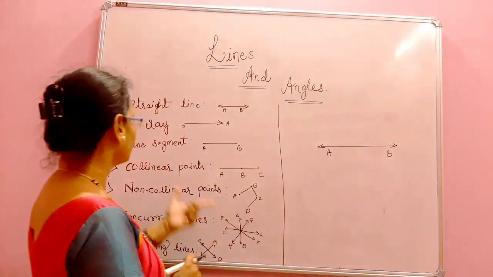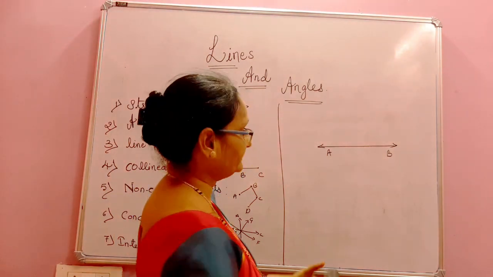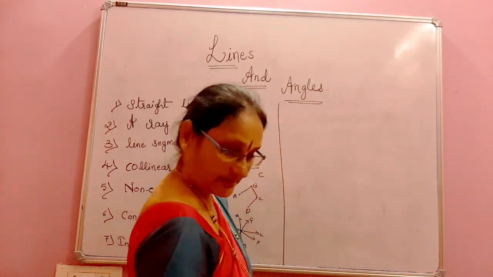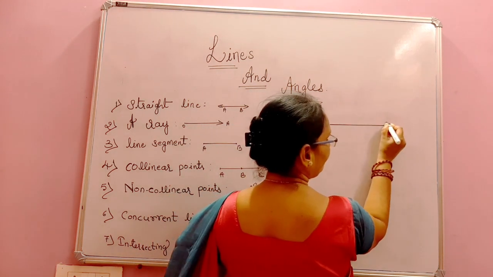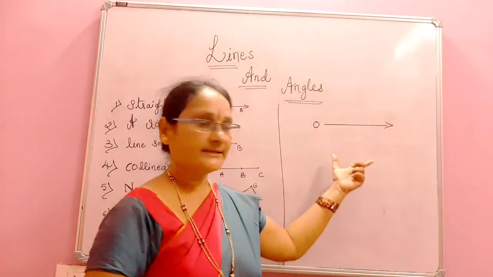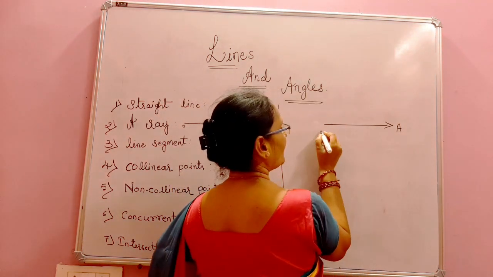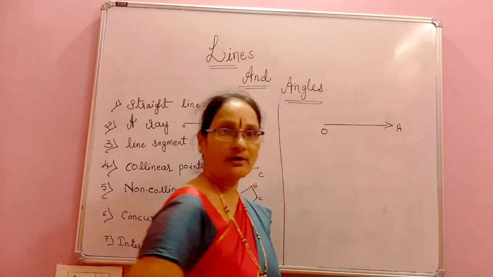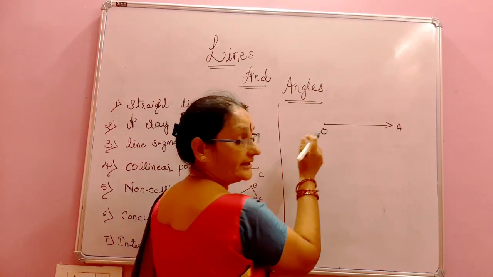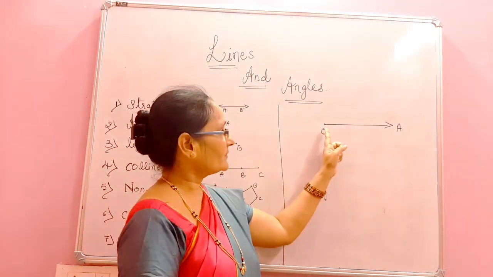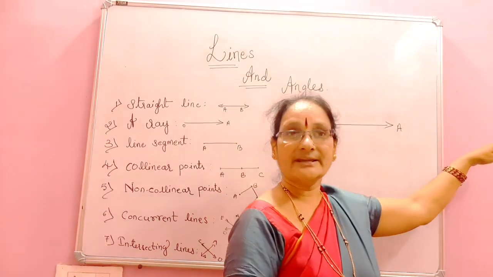The next comes a ray. A ray means, see here, this is the symbol of a ray. You can see here, a ray can be originated from one point and it can be extended in one direction.